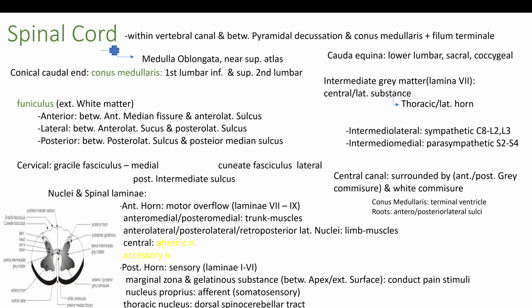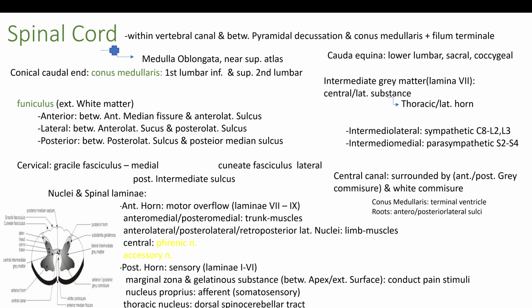Anterior lateral, posterior lateral, and retroposterior lateral nuclei supply muscles of the limbs. The central nucleus in the cervical part is the nucleus of the phrenic nerve, and there's also the nucleus of the accessory nerve.